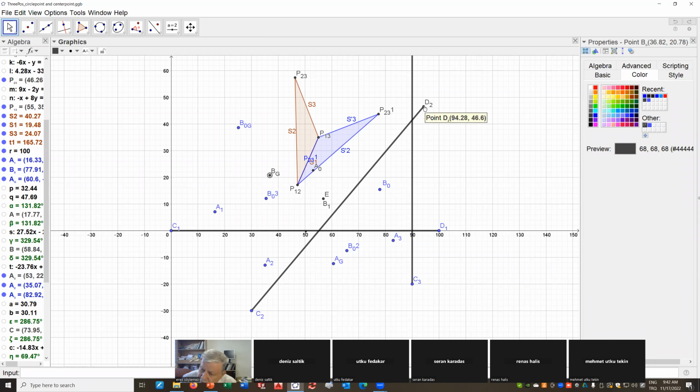Meaning, I have to move C2, D2 back to C1, D1. I shouldn't observe the motion of CD, okay? But keep the relative positions the same. This is very important. I am inverting the motion, meaning I'm sitting on the moving frame, and I'm looking at the fixed frame.